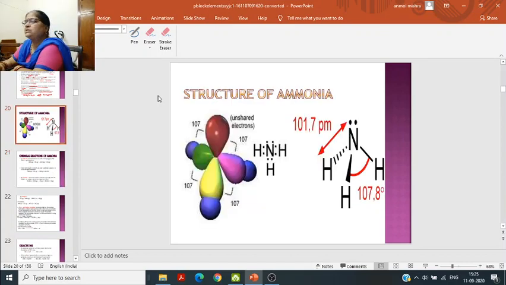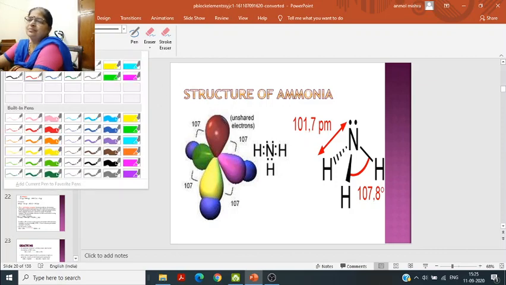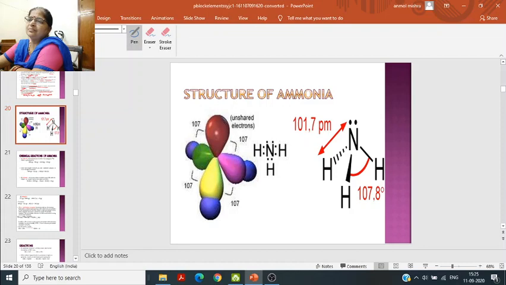Now, structure of ammonia. Here you can see that nitrogen combines with 3 hydrogen. This bond is towards the observer, this is away from the observer, and the bond angle is 107 degree 8 minutes.